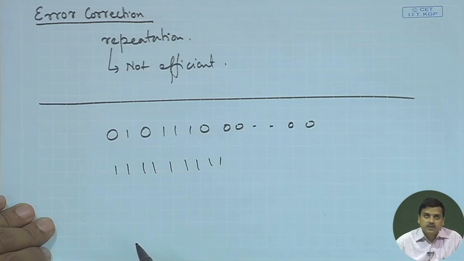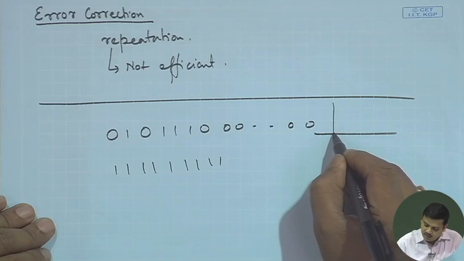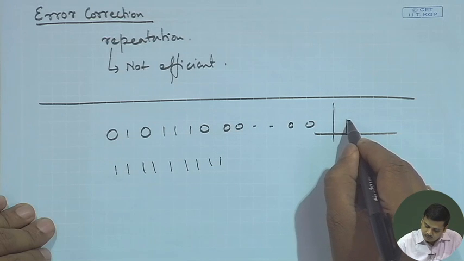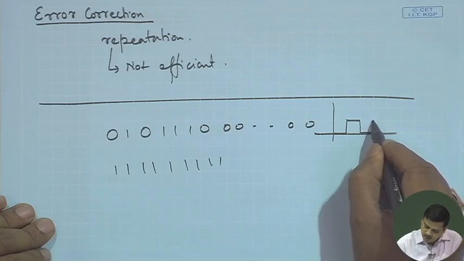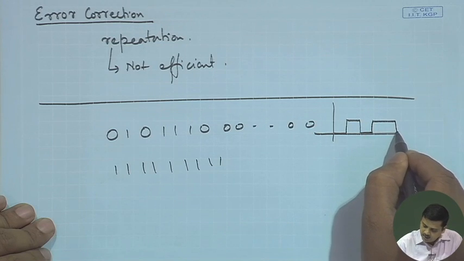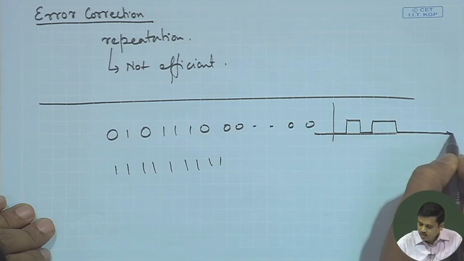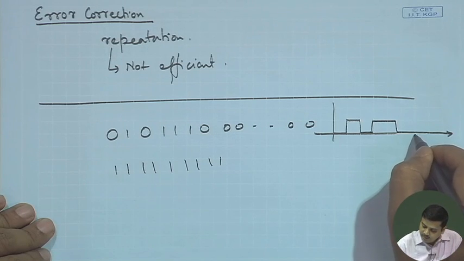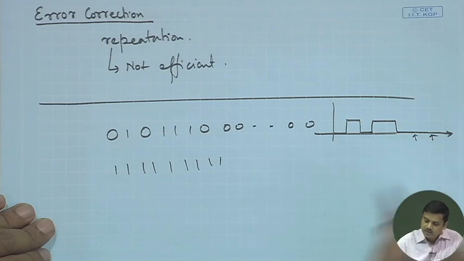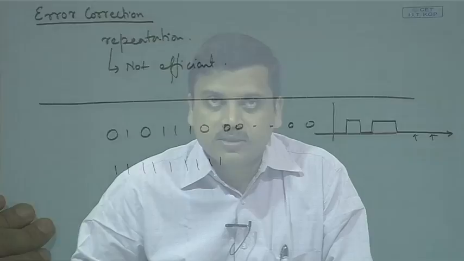If I am going to convert these to voltage levels, like for 0 it is a -5 volt or a 0 volt, and for 1 it is a +5 volt, what I would encounter in this case is 0, 1, 0, then again 1, 1, 1, and then again a 0. If it continues like this, one of the problems is we are not going to remember at what points we should sample. So, there could be a synchronization problem.